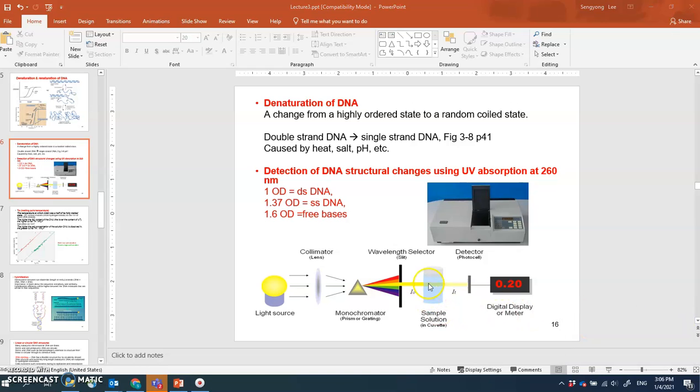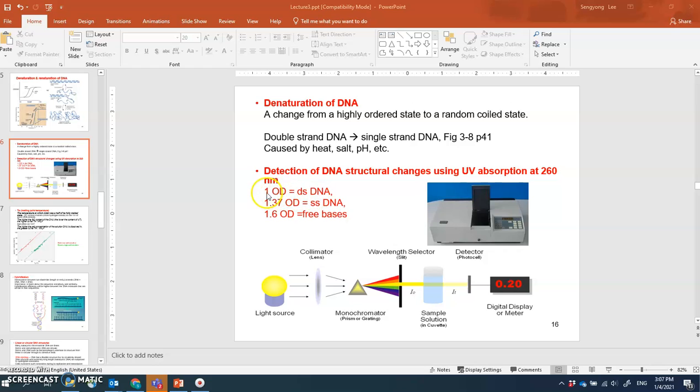Your double-strand DNA will absorb a certain amount of light, and the light absorption will be displayed on this machine. That's a spectrophotometer.